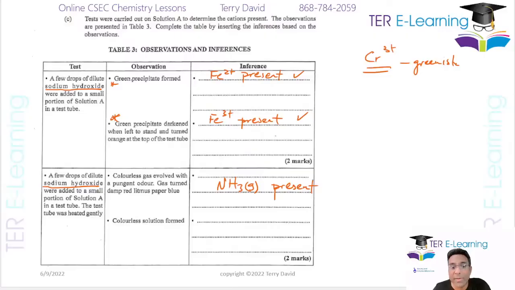And they told us that a colorless solution formed. Now when you add sodium hydroxide and you're getting ammonia gas being produced, that tells me that NH4+ ions are present. That's the ammonium ion they're talking about.